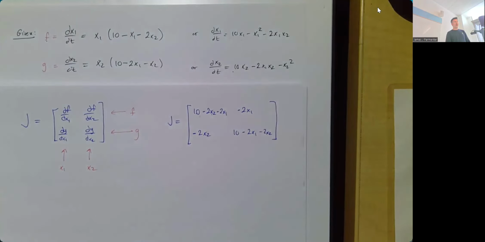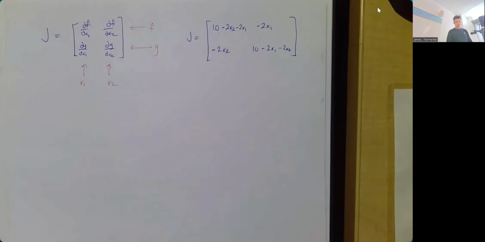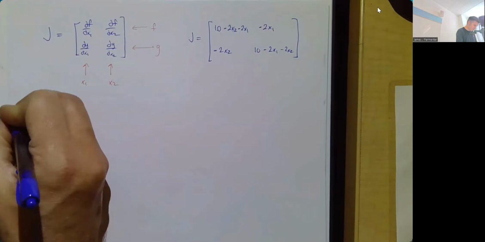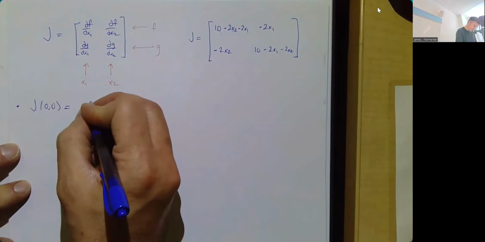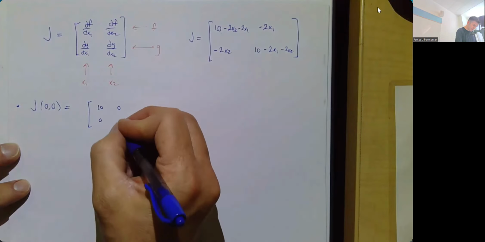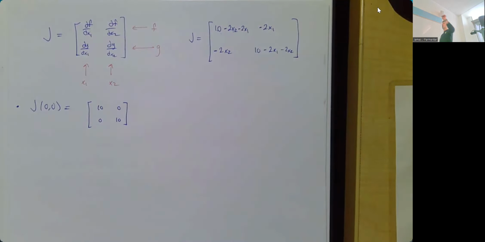Okay. And now we take our Jacobian and plug in each of our equilibria. So let's look at 0, 0 first. J of 0, 0 is going to be 10, 0, 0, 10. Cool. You all already know the answer to what kind of stability we have here.